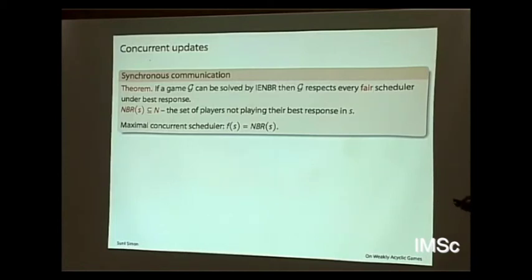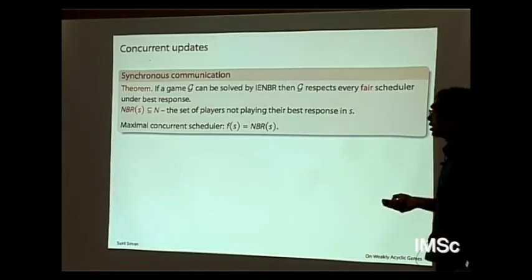Now the nice thing about these games of IE and BR is that it doesn't matter whether you're doing it sequentially or concurrently. These schedulers will always terminate. In particular, you can look at a kind of a maximal scheduler, which at every strategy profile S picks all the players who are not playing their best response and schedules them.